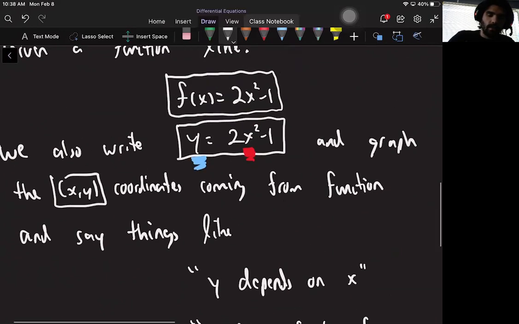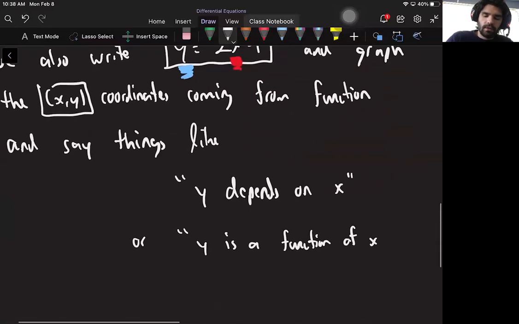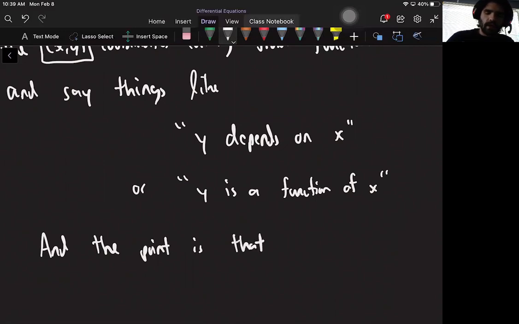That's saying you have a function defined by this formula, 2x squared minus 1, and the y values are the outputs of the function. The whole point is that when you plug in an x, you uniquely determine a y.